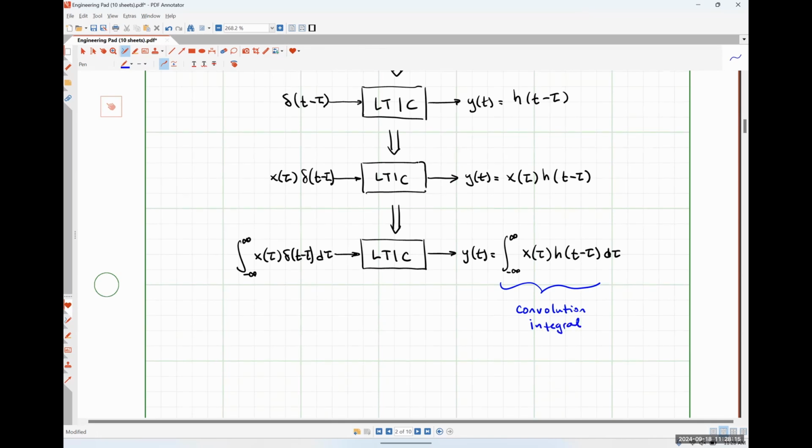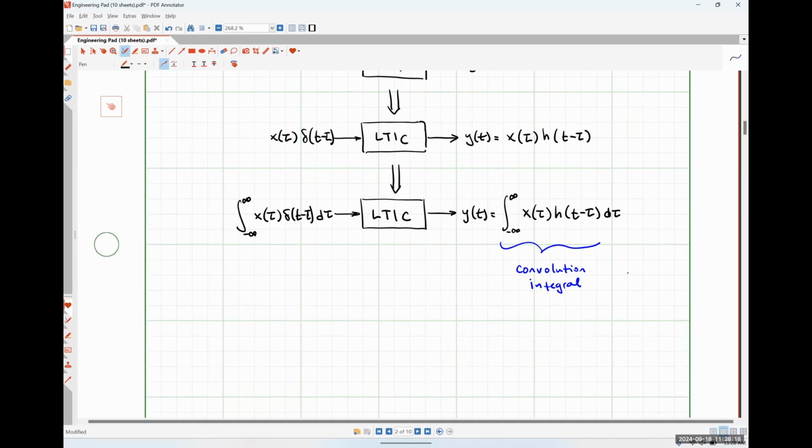Okay. And so we can generalize things and say that for a linear time invariant system, if I have some input x of t as a function of time, the output of this linear time invariant system, y of t, will simply be my input x of t convolved with my impulse response, h of t.